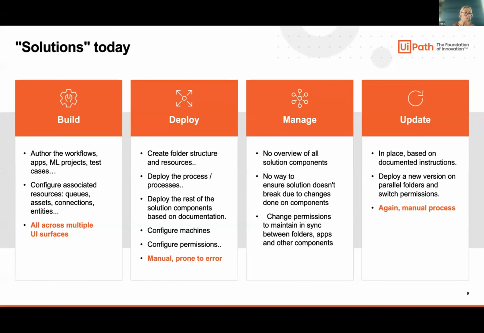Now we need to work on providing some documentation that describes all the components that need to exist for a certain solution, to describe their properties, and then to basically go in the next environment, let's say in the test environment, and upload the workflow packages, then create a folder structure, create the processes, create manually the rest of the components, and then do it all over again in production or in another environment.